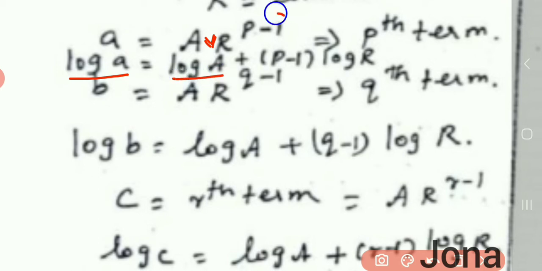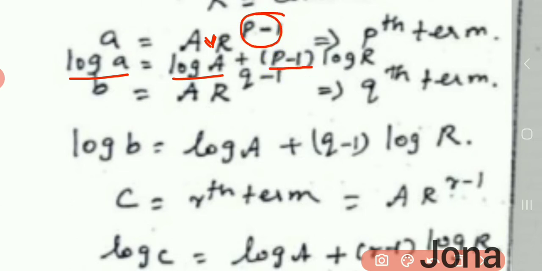Here it is given pth term is a, isn't it? So I want to take log on both the sides now. If you take log on both the sides, it will become log a equal to, here it is in product there. So in logarithms, if it is in product, we can write it as addition, isn't it? So log a plus, we want to take this part to the front side.